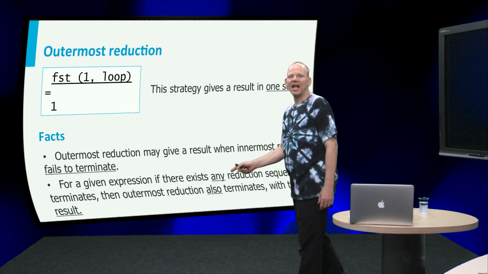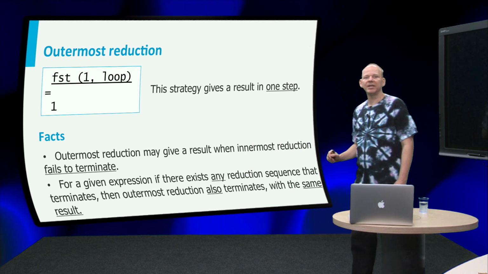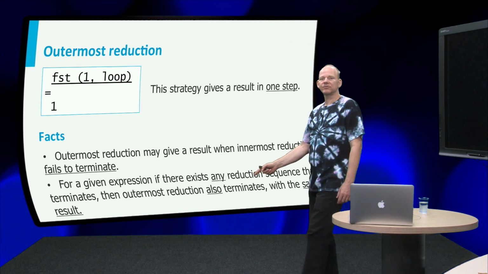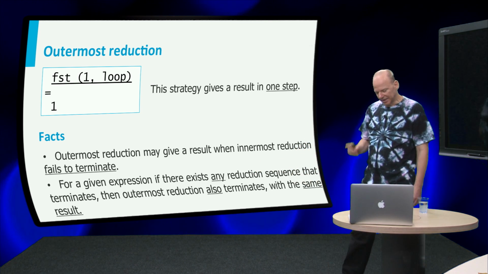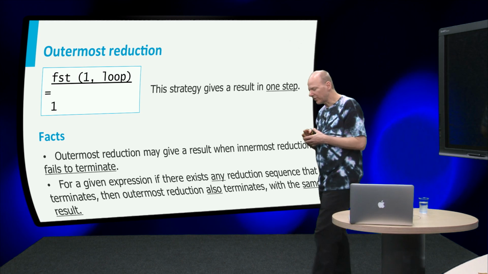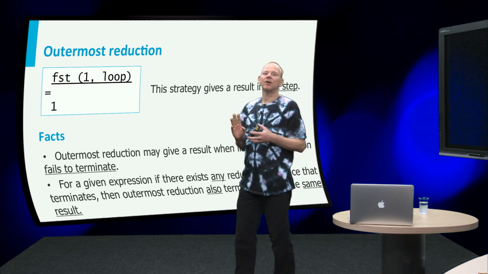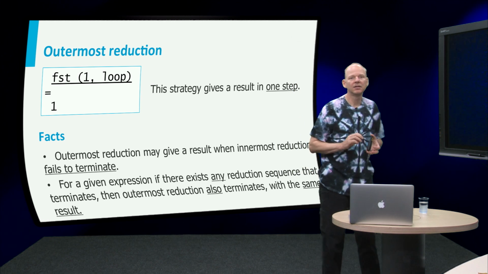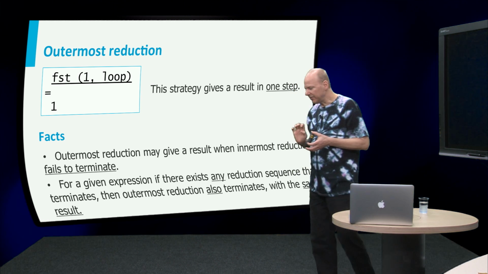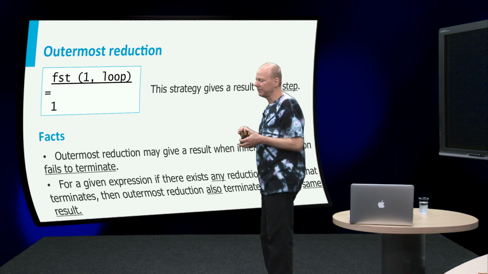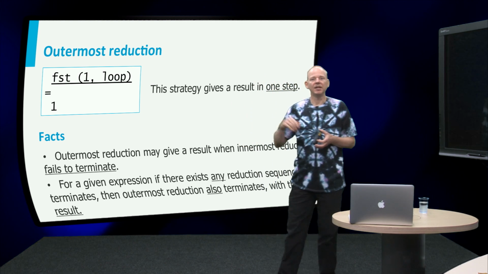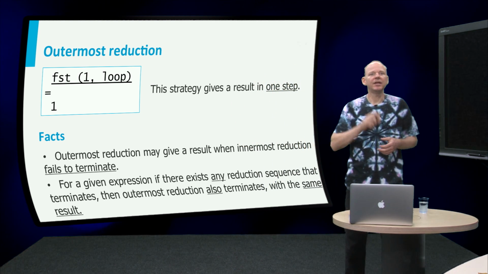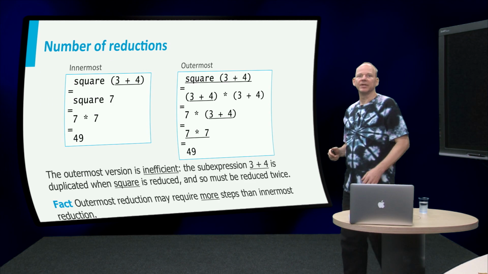So if there is any reduction sequence that terminates, the outermost reduction will always also terminate. That gives a strong hint that the outermost strategy is not a bad thing. If there is any way that this thing will return a value in finite time, the outermost reduction will also terminate.